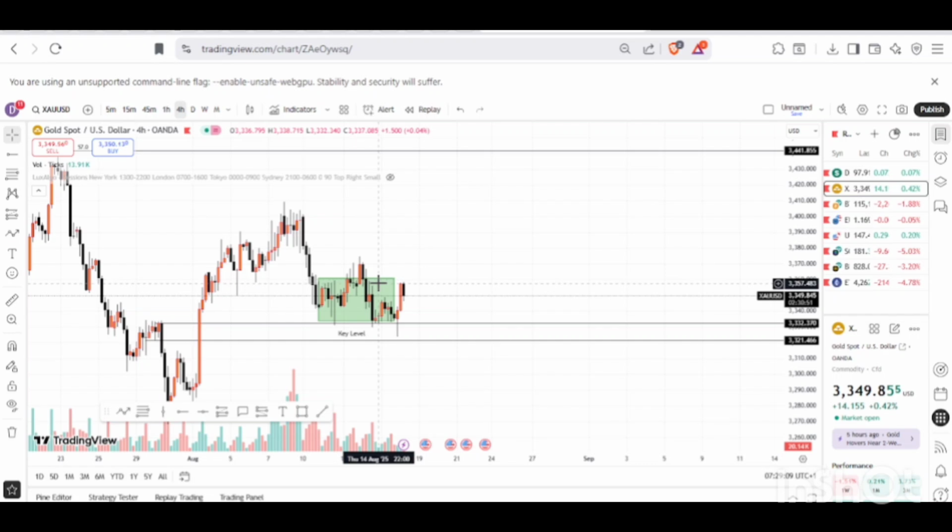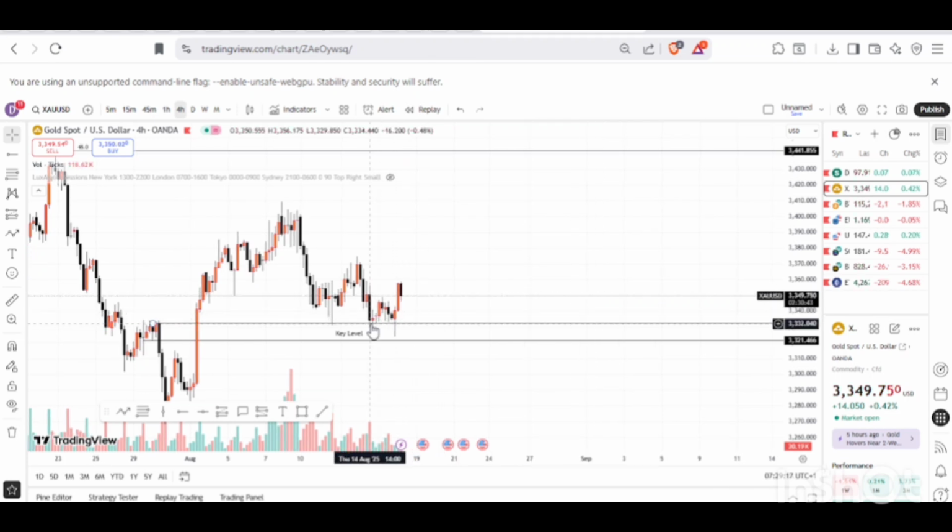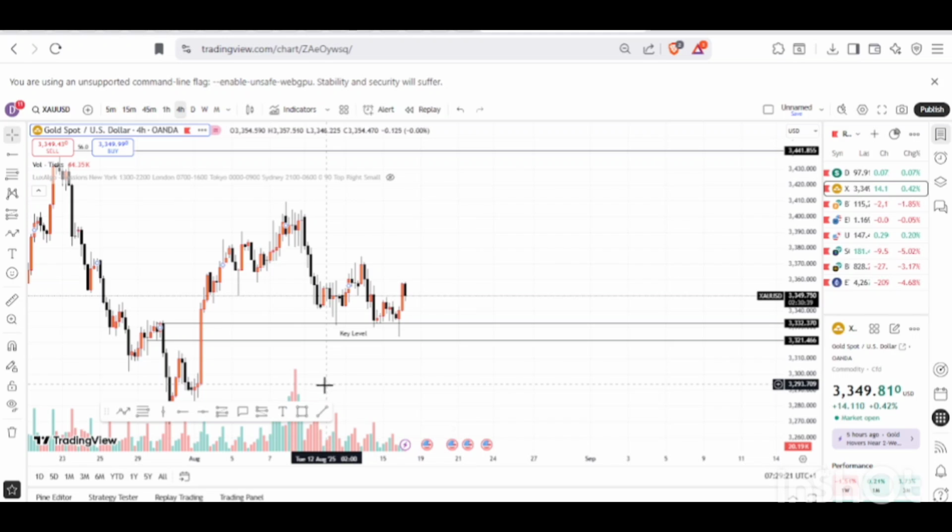Let me take this out. Immediately gold swept this low, a break of structure here. Do you see that gold break of structure there?